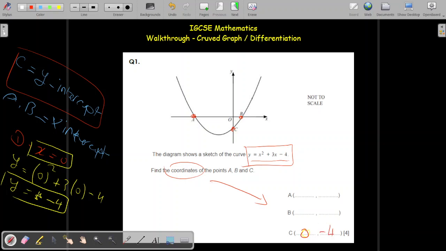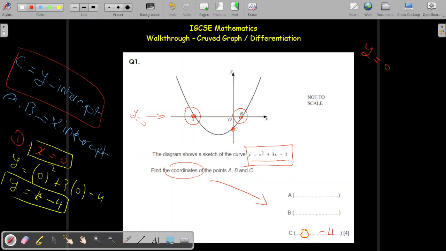Now for the other 2 points, you do the same thing, but with another theory. Right now you talk about the x-intercept. The x-intercept happens where? Happens where y equals 0. So you do the same thing with the same concept, but instead of saying x equals 0, you're going to say that y equals 0.